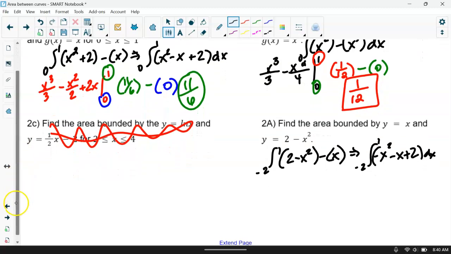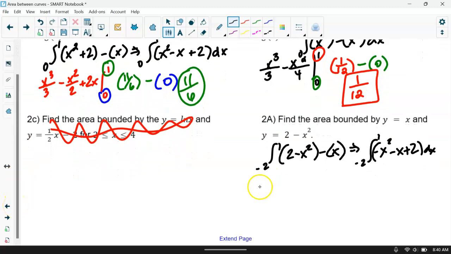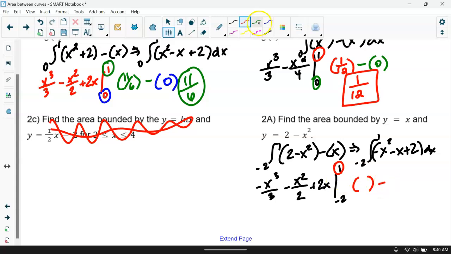So the integral in this case is negative x to the third over 3 minus x squared divided by 2 plus 2x from -2 to 1. So then here, substitute 1 for x minus, substitute -2 in for x. You should get the area of 9 over 2, or 4.5.